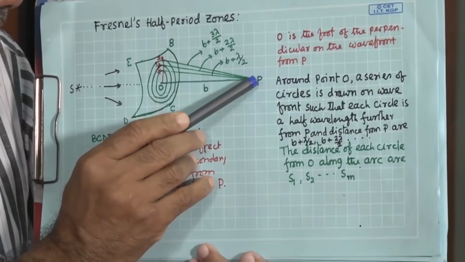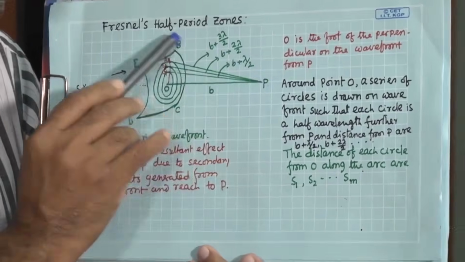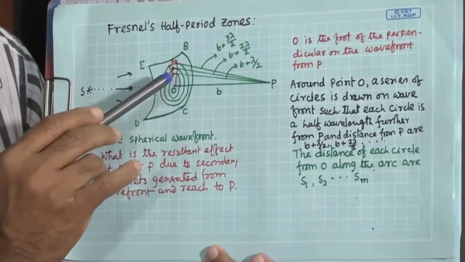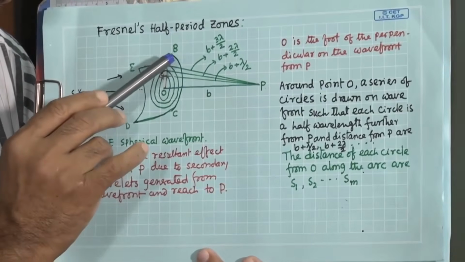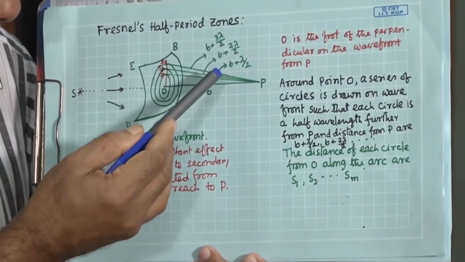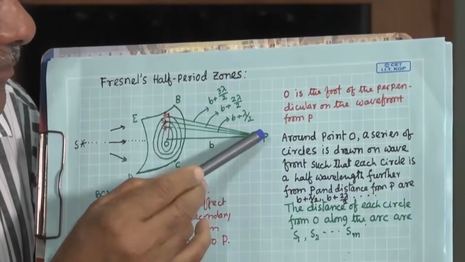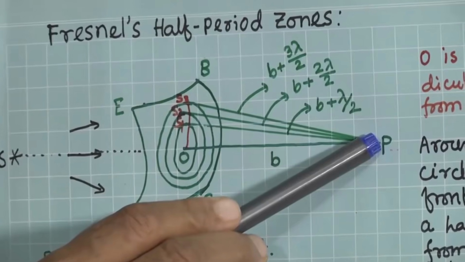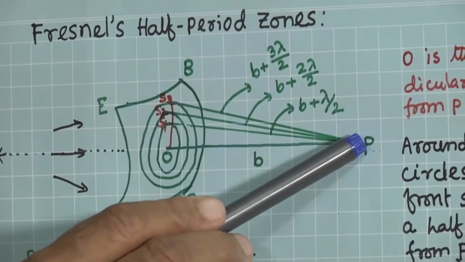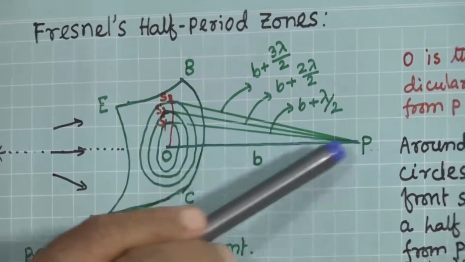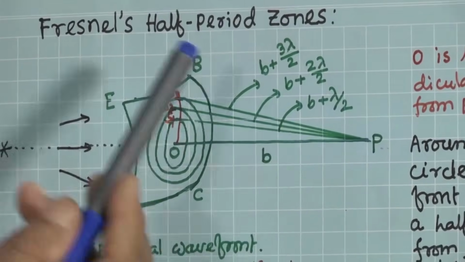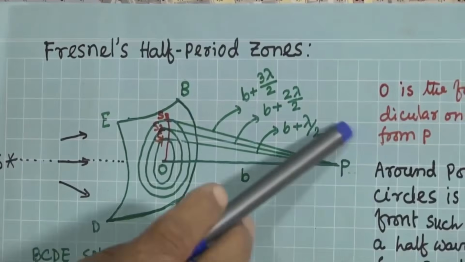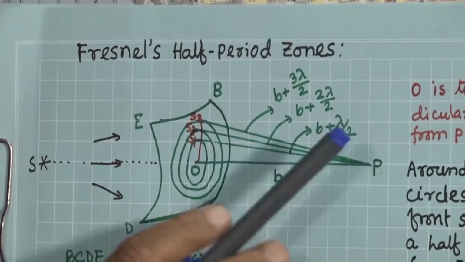Now, if I consider this point P, from different points of the wavefront, secondary wavelets will come at point P. That means light is coming from different distances at point P. Now, as I told, the interference among them will produce the pattern.